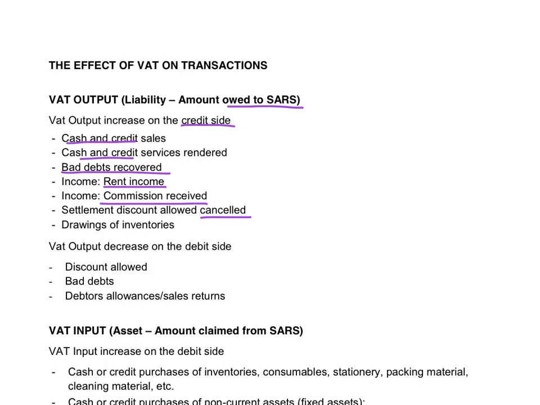VAT output will always decrease the amount that we owe SARS on the debit side, because liabilities increase on the credit side and decrease on the debit side. That will be on discount allowed, bad debts, and debtors allowances.